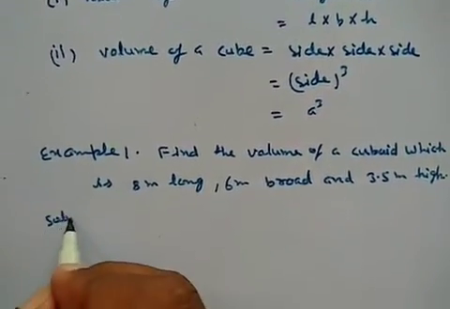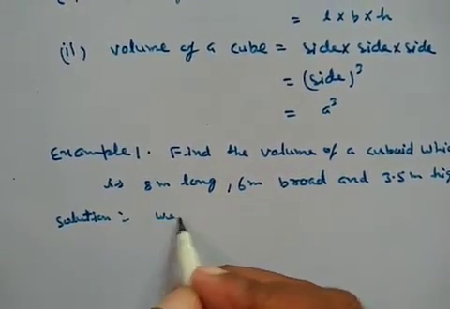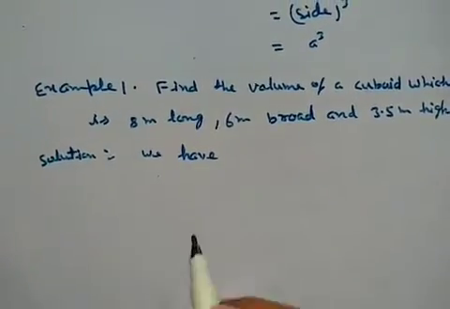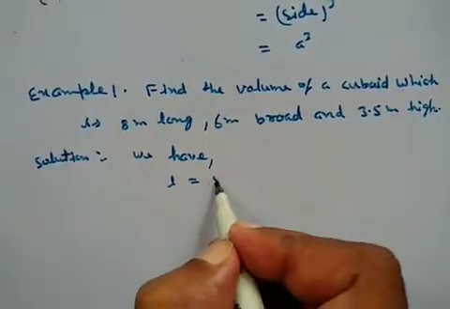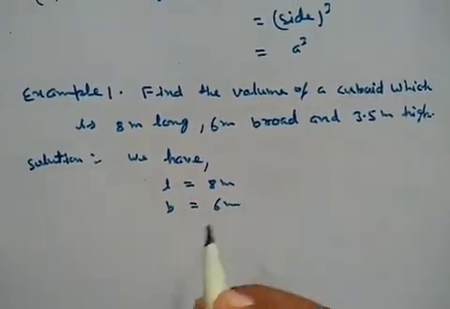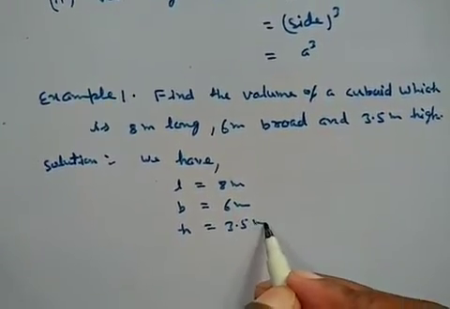Solution: we have L is equal to 8 meter, B is equal to 6 meter and H is equal to 3.5 meter, given.